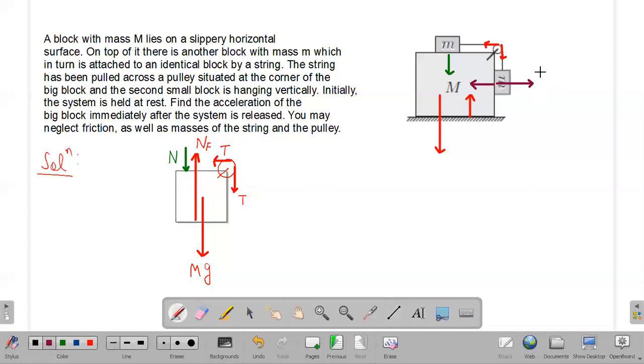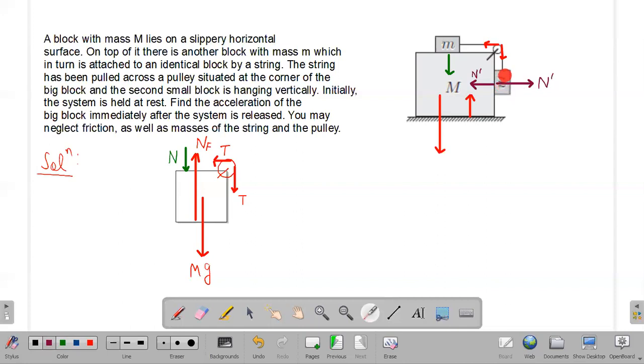There is a reasoning behind that. Let us denote this normal by N dash force. So if N dash is the normal reaction force between the mass capital M and this hanging block small m, whose direction on small m is to the right side, then the normal reaction force N dash on the capital M mass is to the left side.